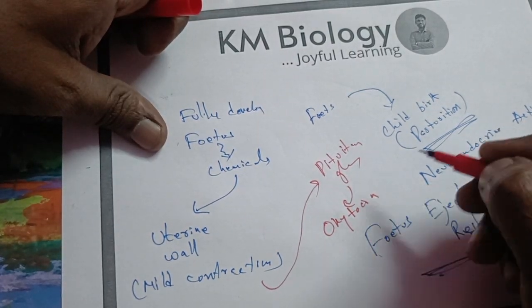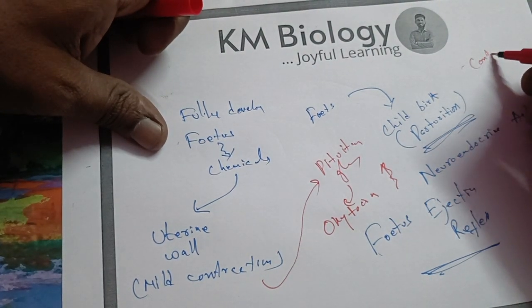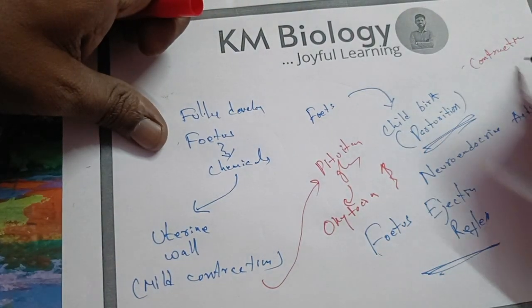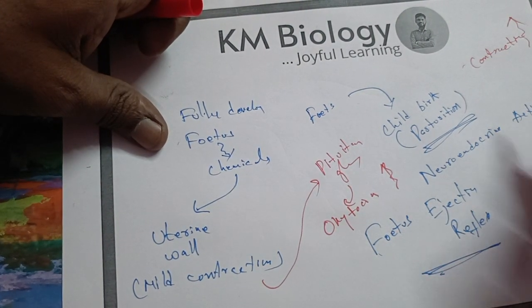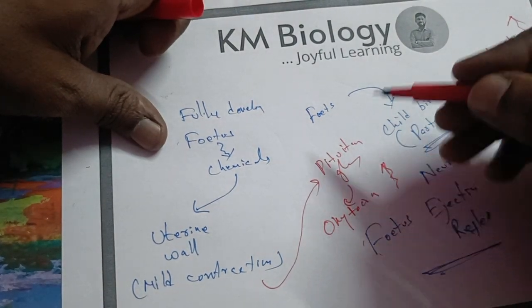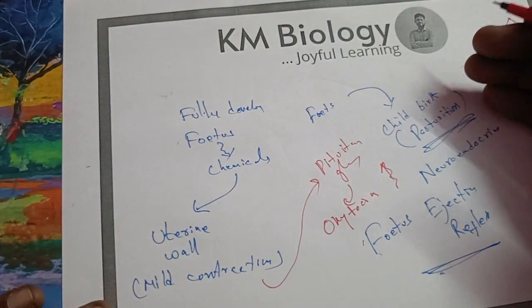Now this oxytocin will increase the contractions. When the oxytocin level is increased, contraction in the myometrium also increases. When the contractions increase, oxytocin levels further increase. They keep happening to the extreme level.